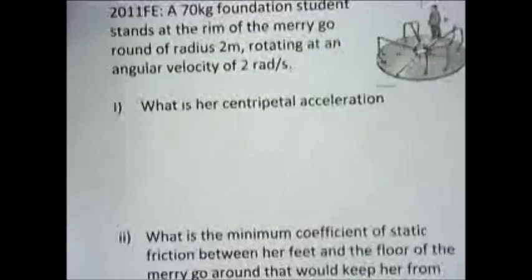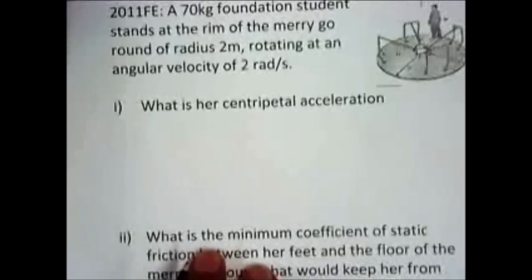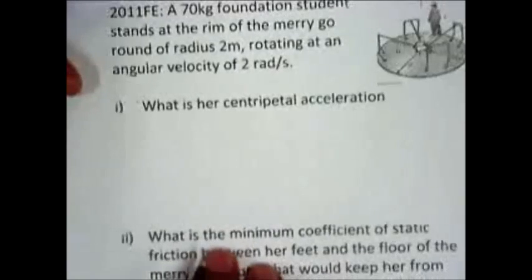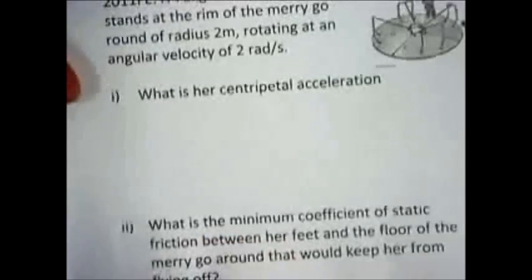Okay, so this is a question from your final exam 2011. It says a 70 kg foundation student stands on the rim of the merry-go-round of radius 2 meters rotating at an angular velocity of 2 radians per second. What is her centripetal acceleration? So in this question you had to understand the concept that your linear velocity is equal to radius multiplied by angular velocity.